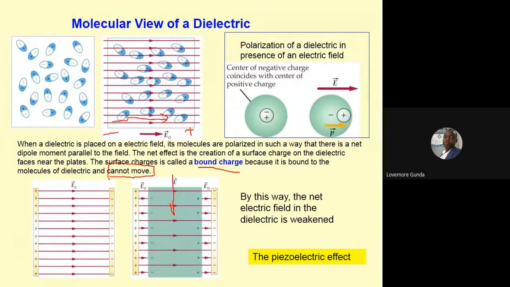So what we are saying is that you are just orienting the dielectrics, but you are not moving any charge out of them, right? And in this way, the net electric field in the dielectric is weakened, right?